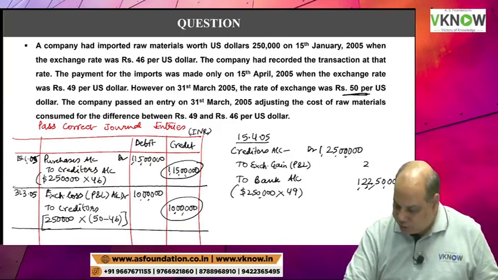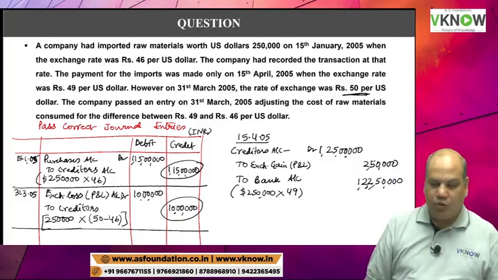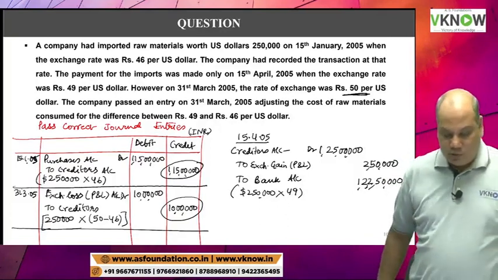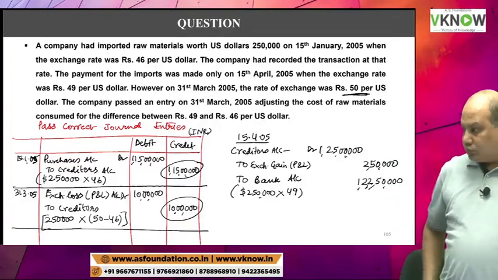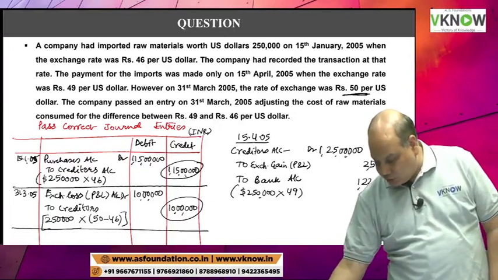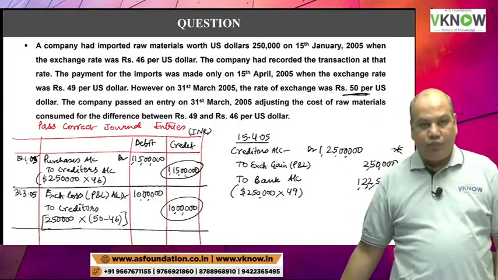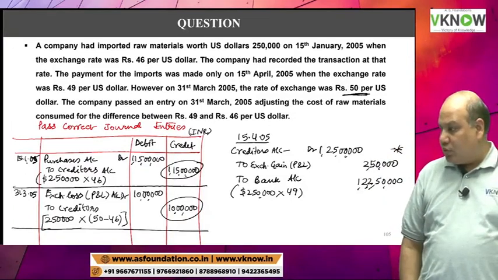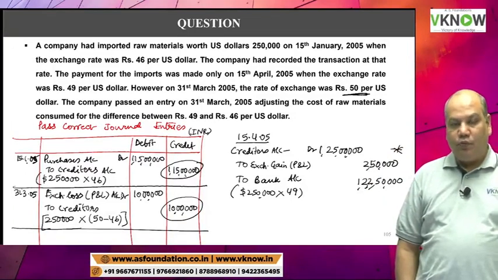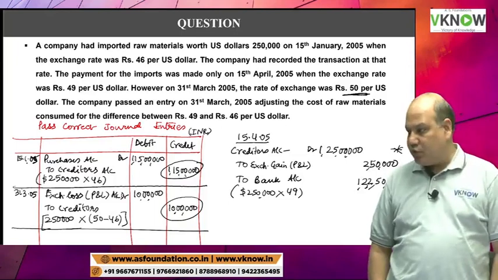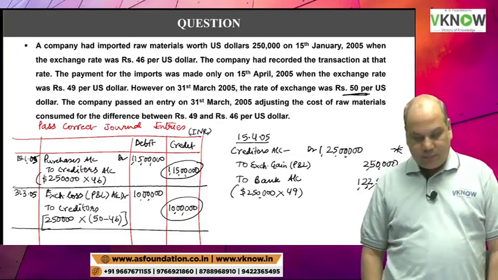You will credit 2 lakh 50,000. Just check whether this is right. 2 lakh 50,000 is your exchange gain. So in case in the question they add that you need to pass journal entries also, then the student can pass the following 3 entries. And this will become a 5 to 6 marks question in the exam.